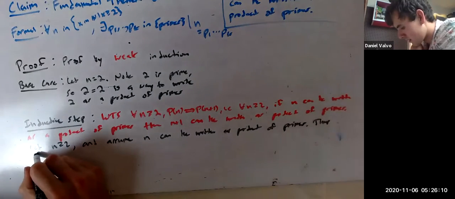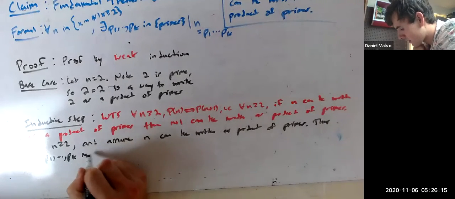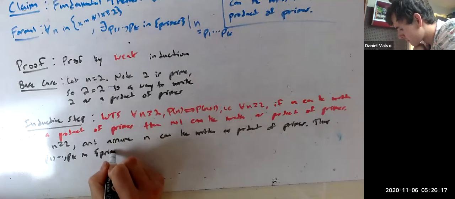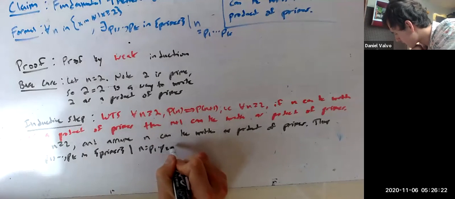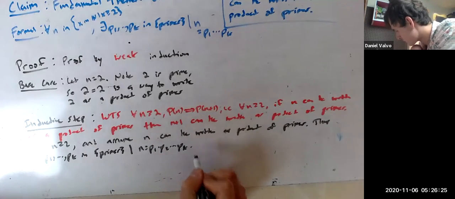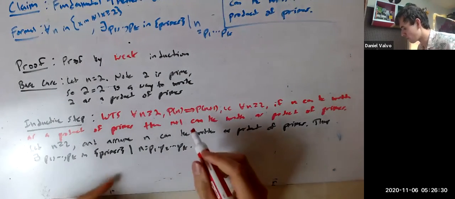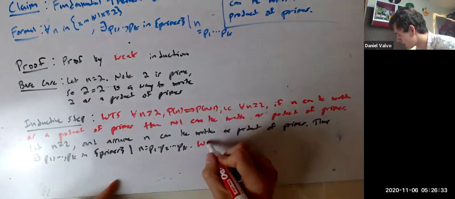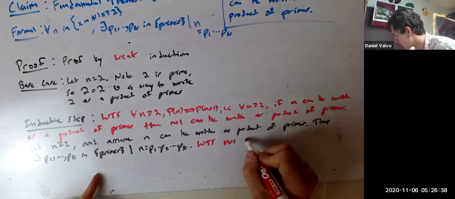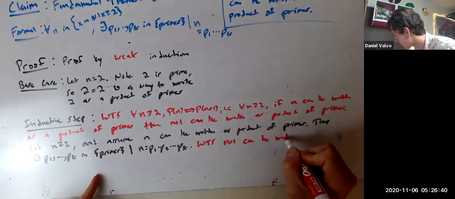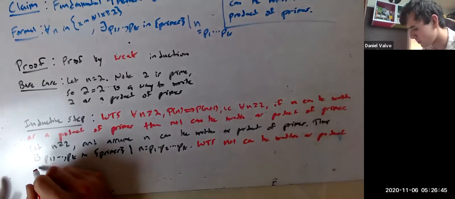Thus, there exist p1 out to pk in the set of primes such that n equals p1 times p2 times pk. Now remember, from this hypothesis of P of n, we want to show that if n can be written as a product of primes, then n plus 1 can be written as a product of primes.